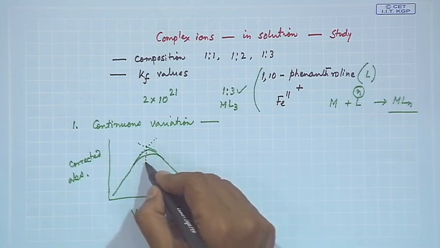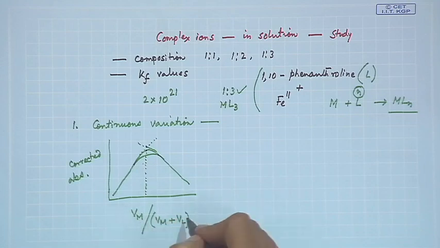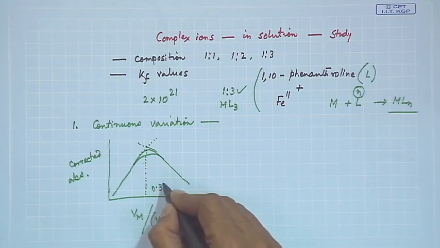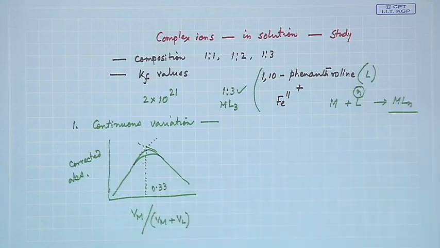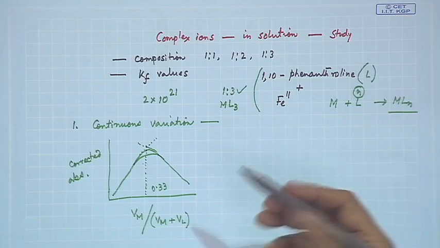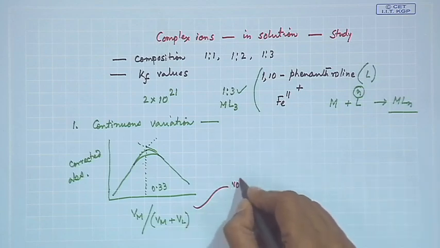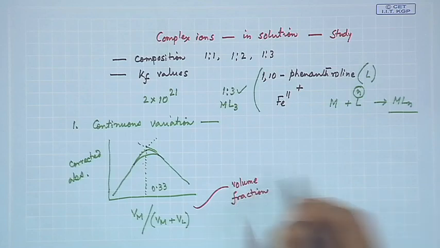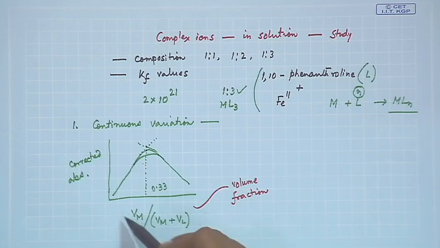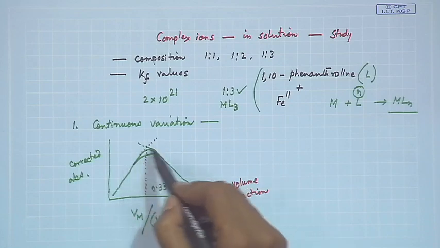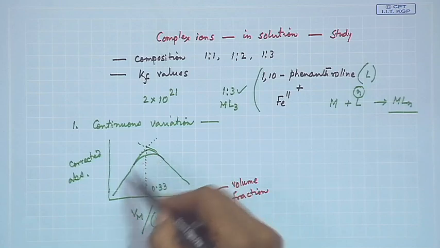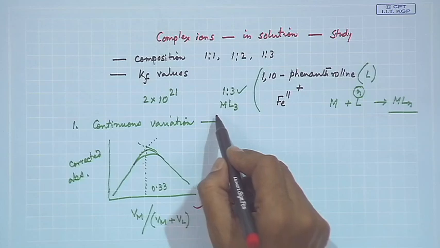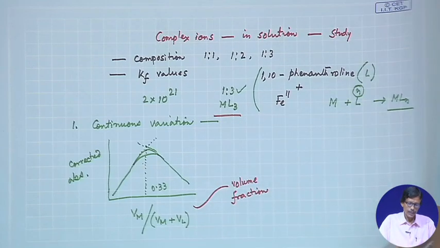When this is 1:3, the value of Vm by Vm plus Vl will be 0.33. When we plot this as the volume fraction, we can find the magnitude of the volume fraction where we get the changeover or the intersection between these two straight line parts. From there we find that the stoichiometry of the complexation is 1:3.